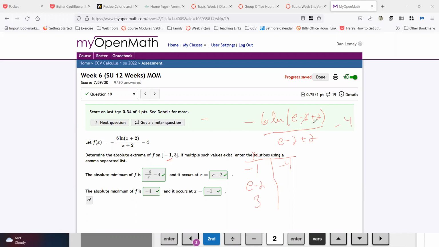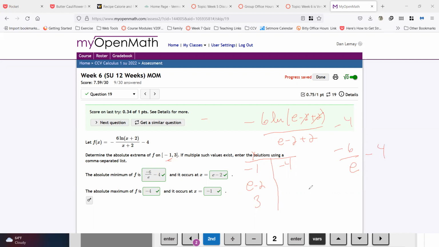E minus 2 plus 2 is 0... the natural log of e is 1. So that's going to give me negative 6 all over negative 2 plus 2 cancels out as e minus 4. And that's what I left it, and that's what it liked. And then, of course, for 3, it's some messy number.